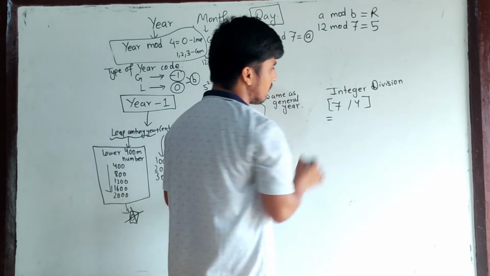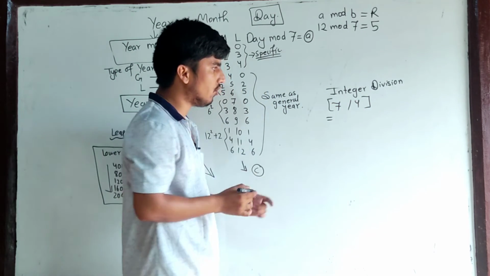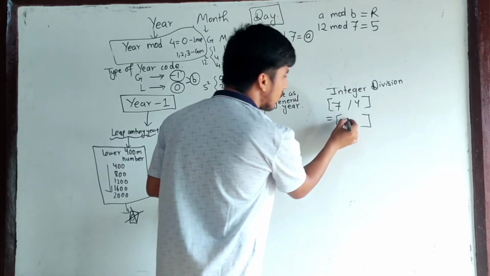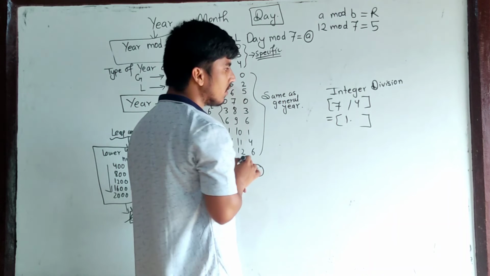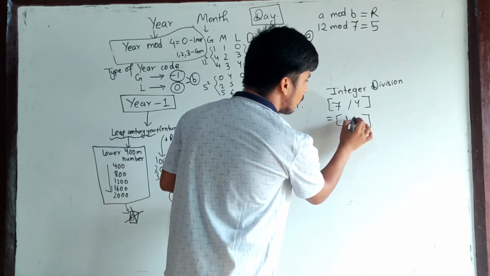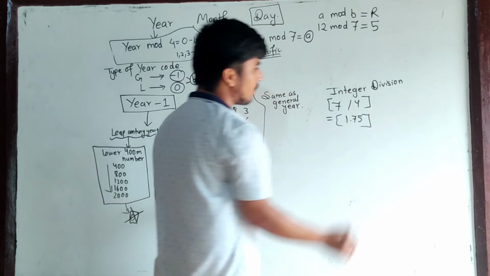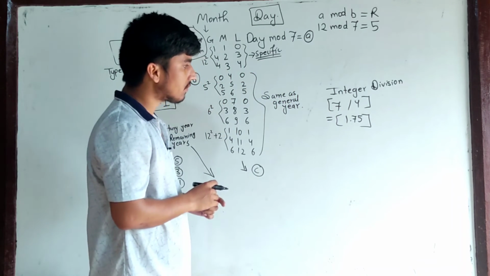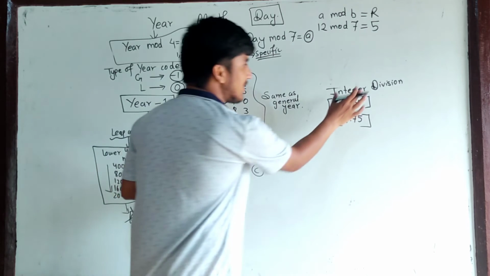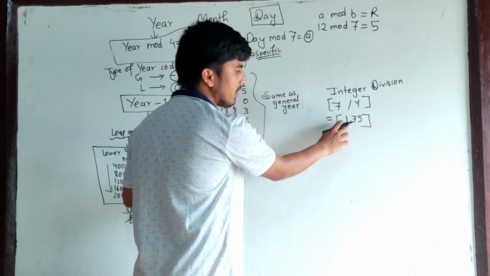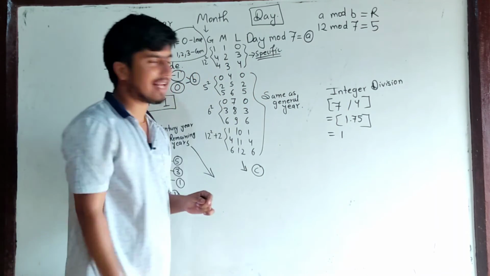Suppose we perform integer division where 7 is divided by 4. In actual, 7 divided by 4 gives us 1.75, but integer division will give us only the integer part, which here is 1. That is integer division.